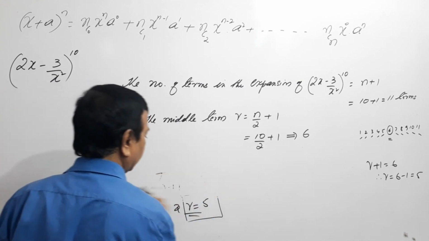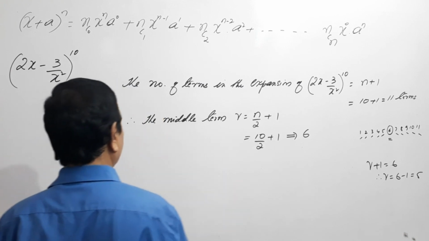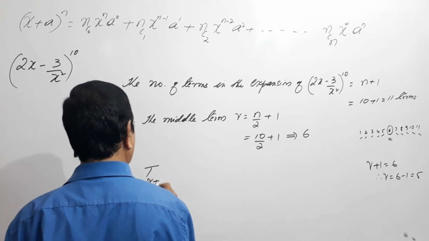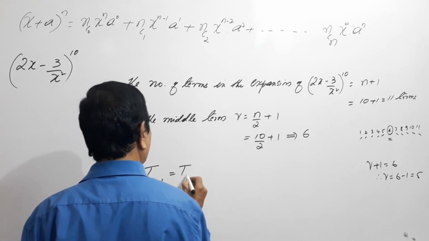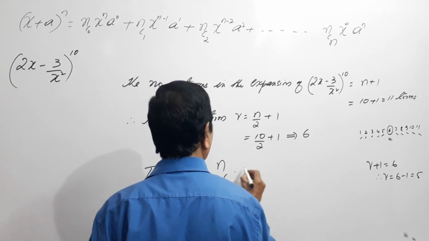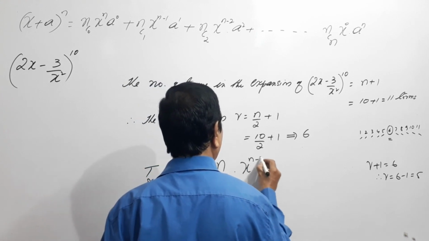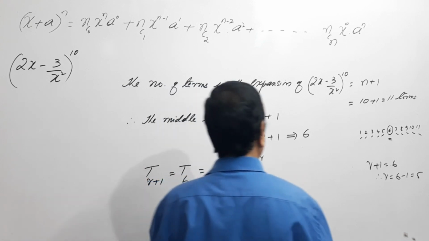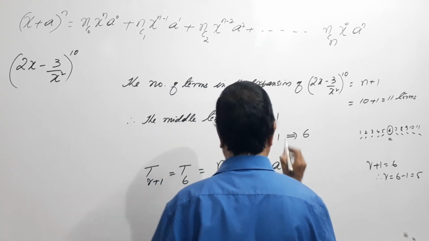T(r+1), that is T6, is given by nCr into x to the power of n minus r into a to the power of r.